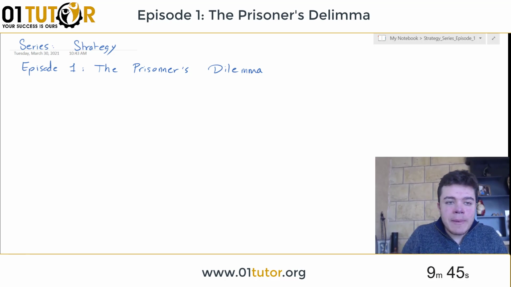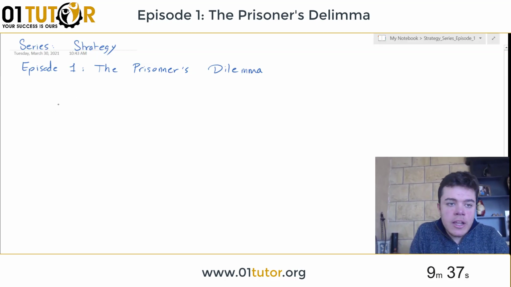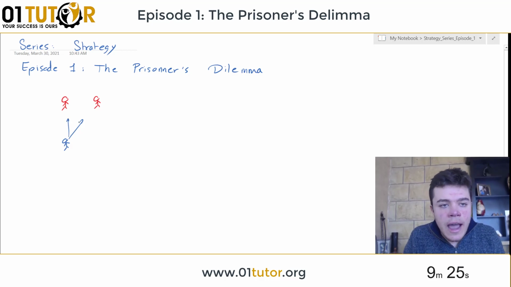Now, to explain this, let's suppose that we have two convicts that were caught red-handed by a police officer. The convicts are represented in red, and the police officer caught these two convicts red-handed, meaning they have committed a crime.